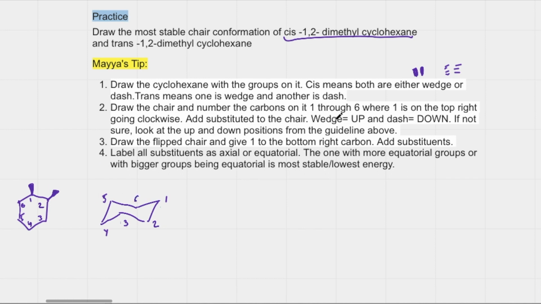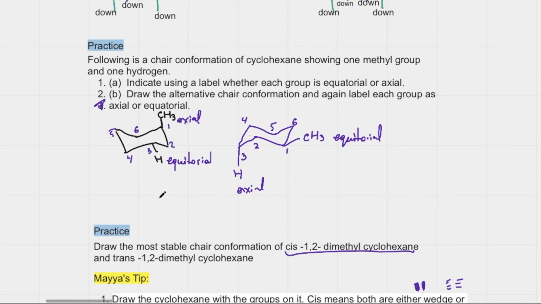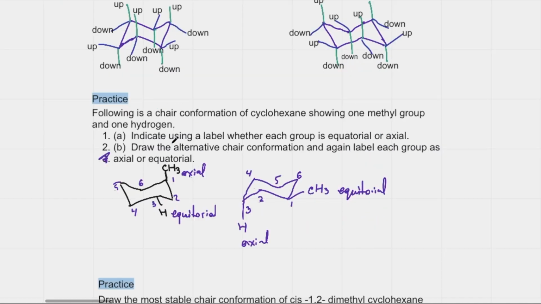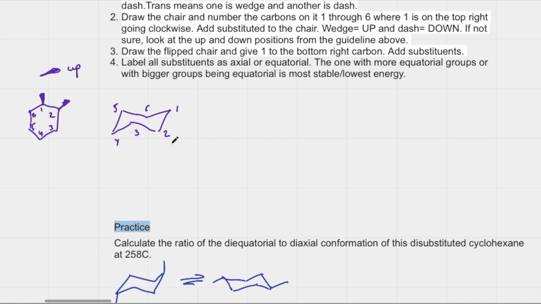Next, I have to know that wedge means up and dash means down. So let's go ahead and write this. This is up. So both groups must be up. What is up on carbon number 1? Again, we can double check with our little prototype here, and we can see that it's straight up, and we can also remember how to draw the positions on the chair.